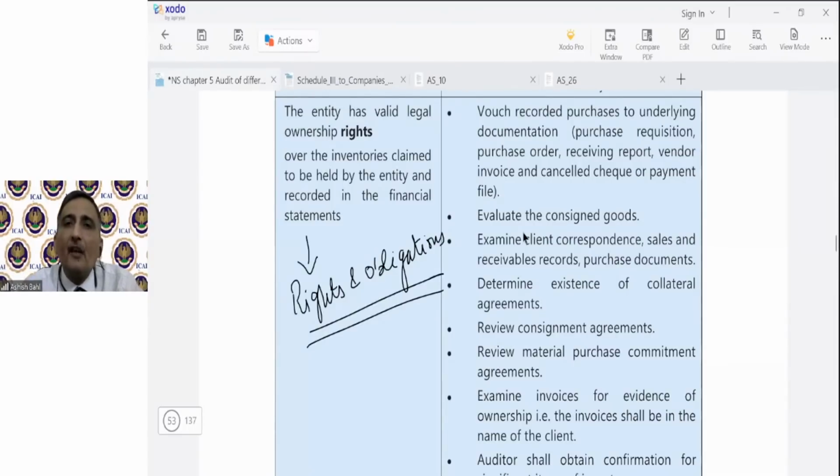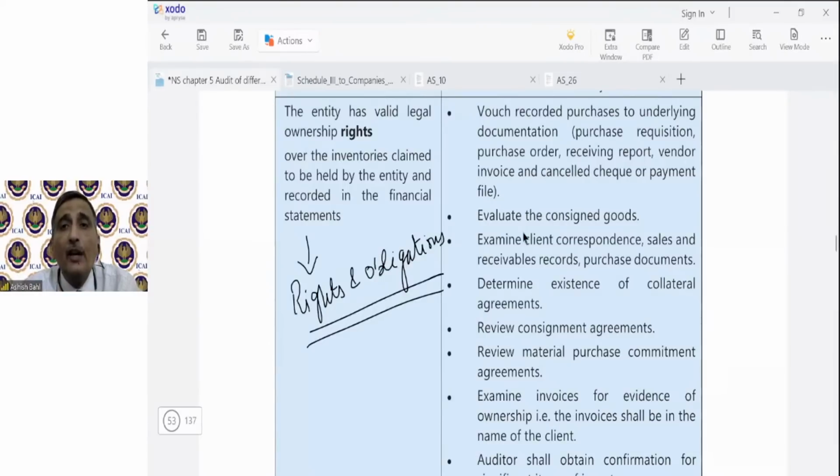What is the definition of an asset? An asset is controlled by an entity. So if inventories of say rupees 50 lakhs are appearing in the financial statements, it means that the company has got valid legal rights over it.